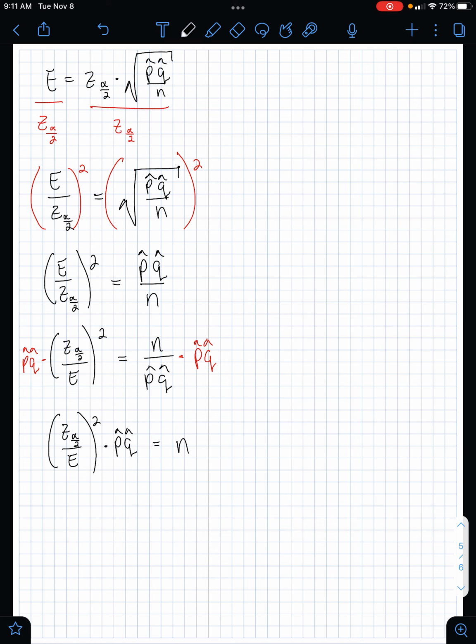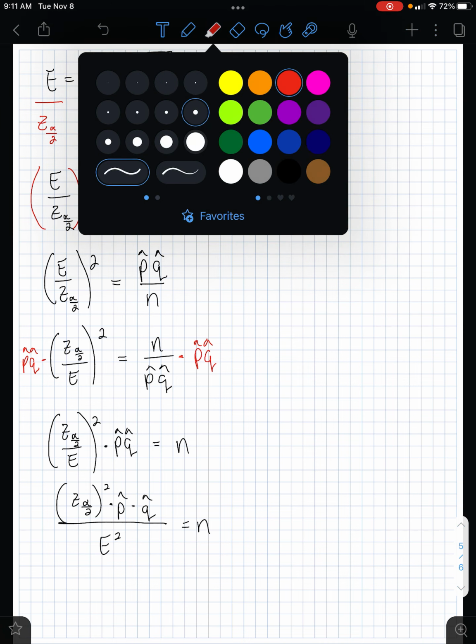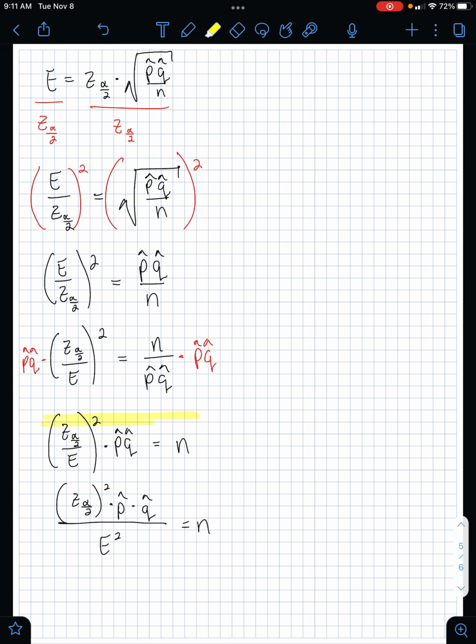In order to do that, we could square the z sub alpha over 2 and square E separately. And then when we multiply by p hat and q hat, they just end up in the top of the fraction. So either form of these is a formula for finding the sample size for a specific margin of error.